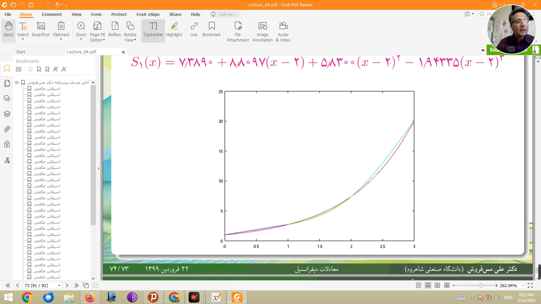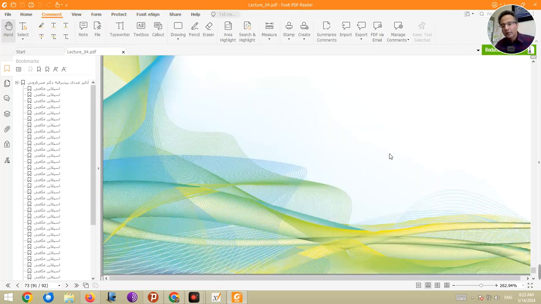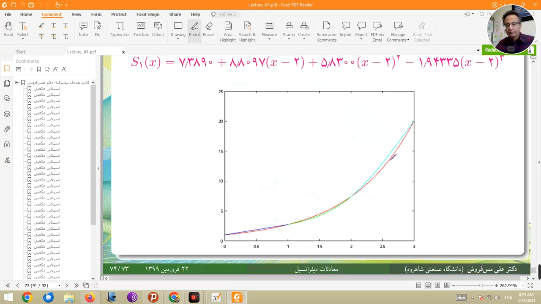Let me try to write. The red one is e to the power of x. But if you look from 0 to 1, the blue one is S0.